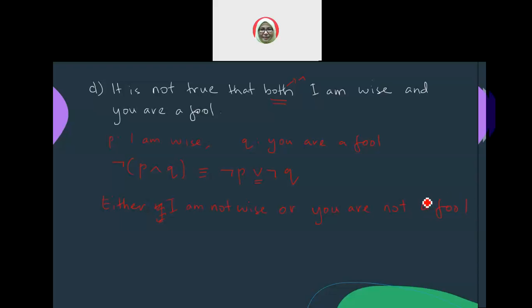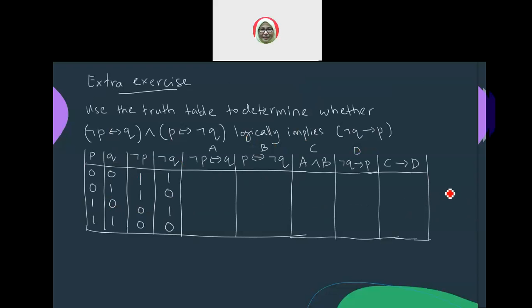Now this extra exercise is from the content that I put in your future. Use the truth table to determine whether this statement logically implies this statement. The symbol for logically implies is this symbol.